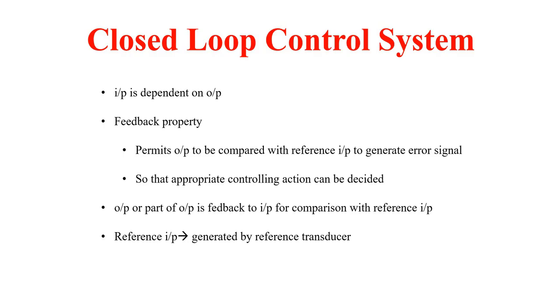So the feedback property compares the output with the reference input and generates the error signal, so that depending on the error signal, appropriate controlling action can be decided. Here the output or a part of the output is fed back to the input for comparison with the reference input, and the reference input is generated by the reference transducer.